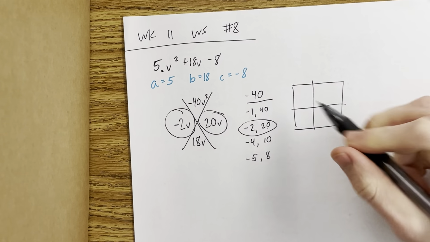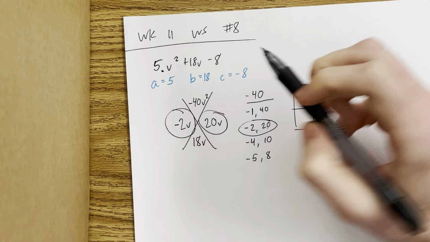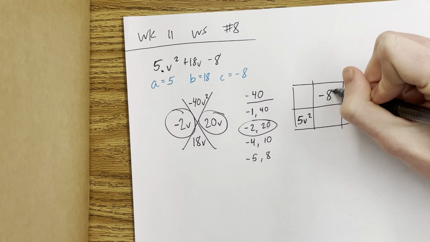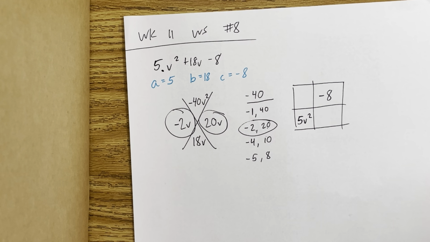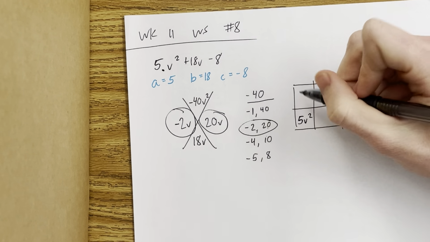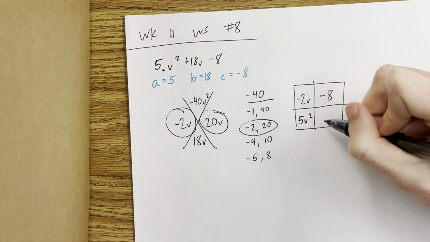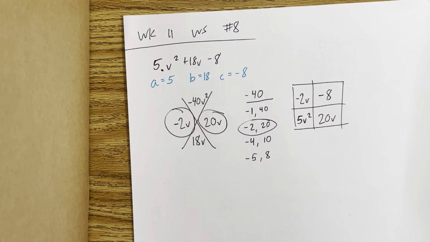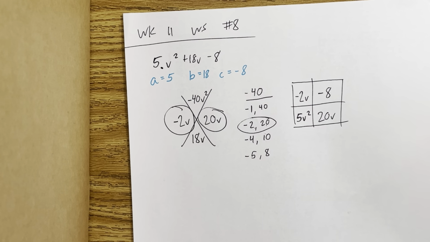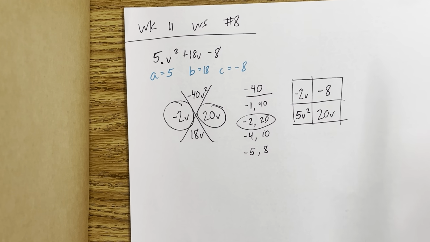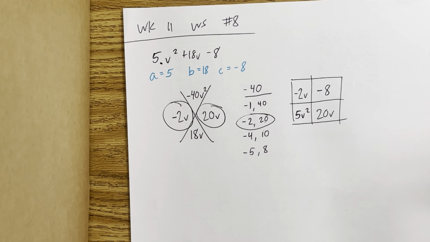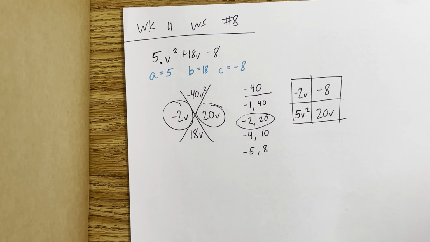Now remember, the box always has ax squared, which is going to be 5v squared, and then c up top right. And then we fill in from our diamond negative 2v and 20v. Like I said, you could switch these around, doesn't matter. But now we ask ourselves, what do they have in common? So this column right here, what do 5v squared and negative 2v have in common?